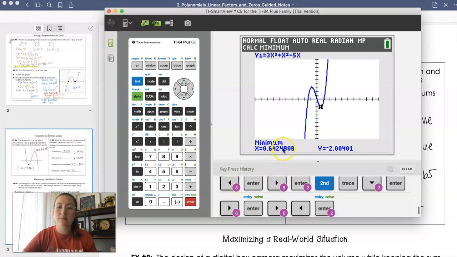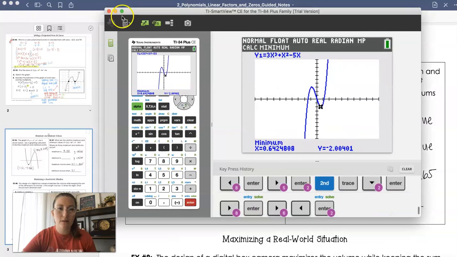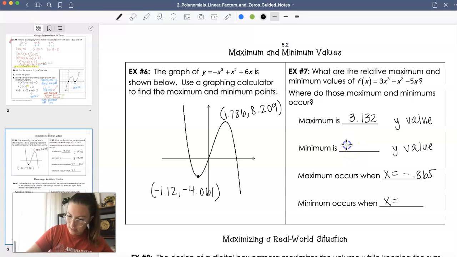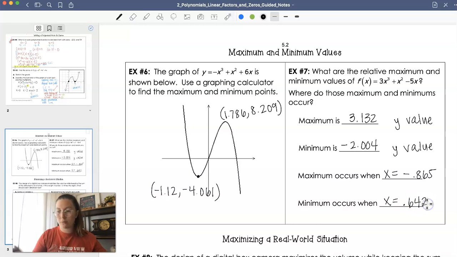And then it gives me this minimum when x is 0.642, and this y value of negative 2.004. So our minimum is negative 2.004 when x is 0.642.